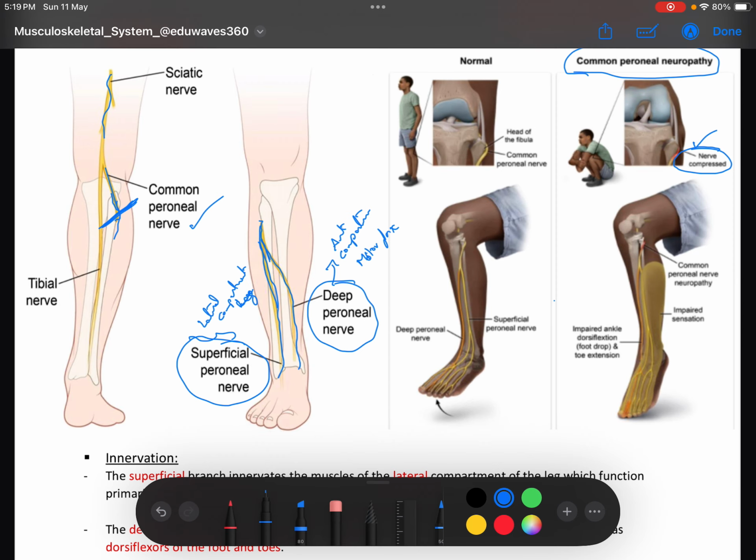So what are the clinical presentations we can see in this type of patients? Common peroneal neuropathy results in foot drop. Okay, and why foot drop? Because of deep peroneal nerve injury.